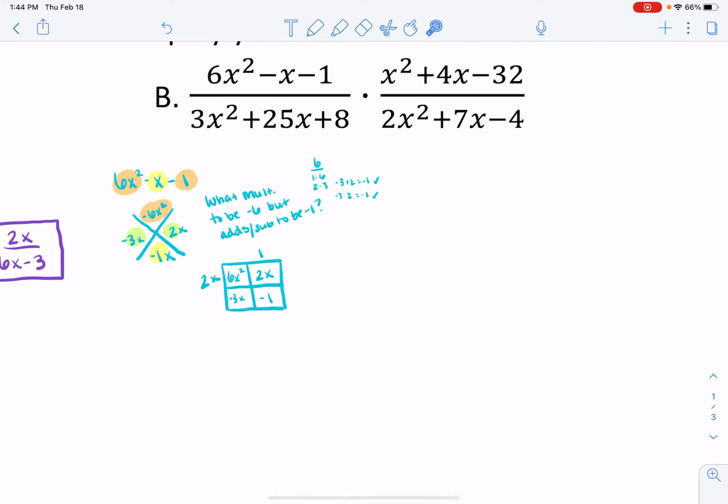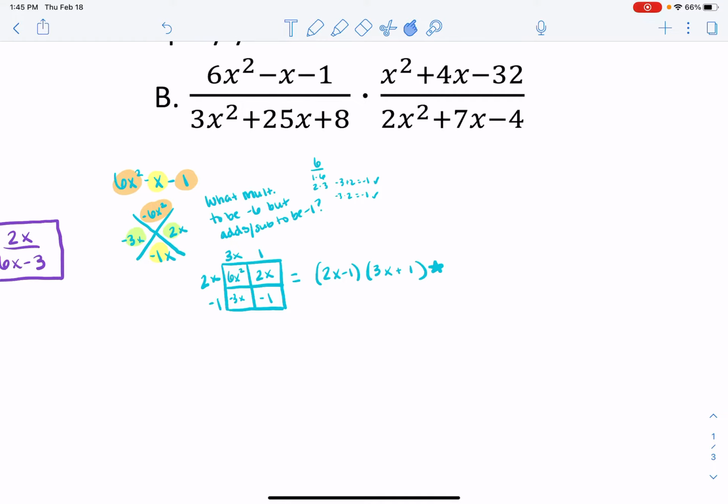And 2x times what gives me 6x squared? That would be 3x. 3x times what would give me negative 3x? That's a negative 1. And to check, is negative 1 times 1 negative 1? Yes. So we can write out what's on the outside of our box: 2x minus 1 and 3x plus 1. And we are done with that one.